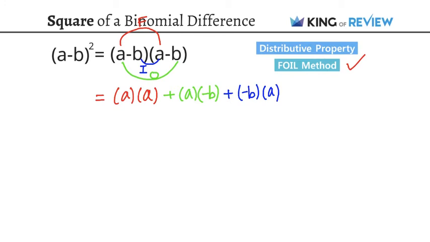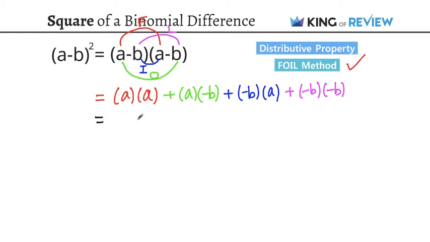And then lastly, L, last terms. Multiply the last terms, so this is equal to plus negative b times negative b. Okay, let's continue.